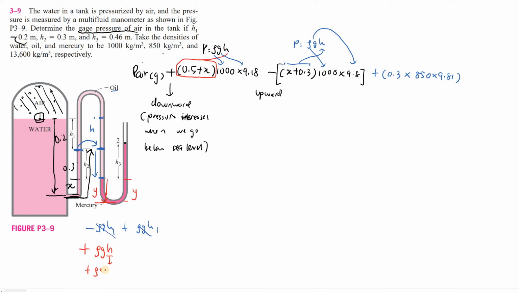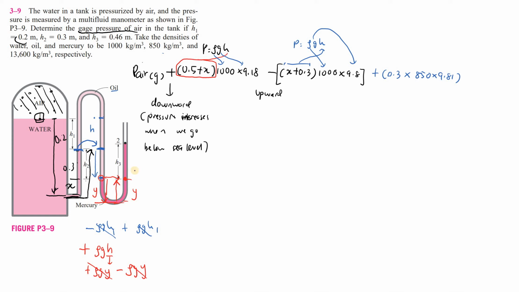From here, you have to swim upward, so minus rho g, and how far do you swim upward? y as well. So you can cancel out. That's why normally if you are familiar with manometers already, you can simply jump from this point to this point. So now you are here.